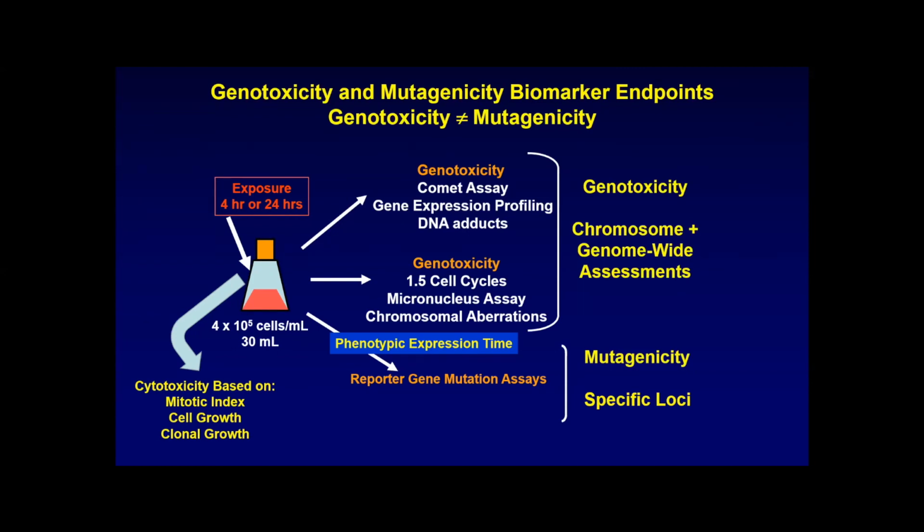ATP, MTT, all these other assays that are out there, aldehyde dehydrogenase, none of that tells you whether that cell is going to survive that insult, replicate its DNA, at least get to metaphase, one cell division, or better, continue to grow and form mutations that can be scored.